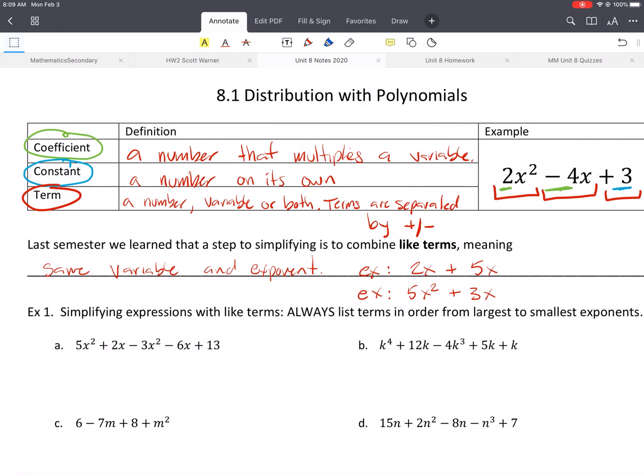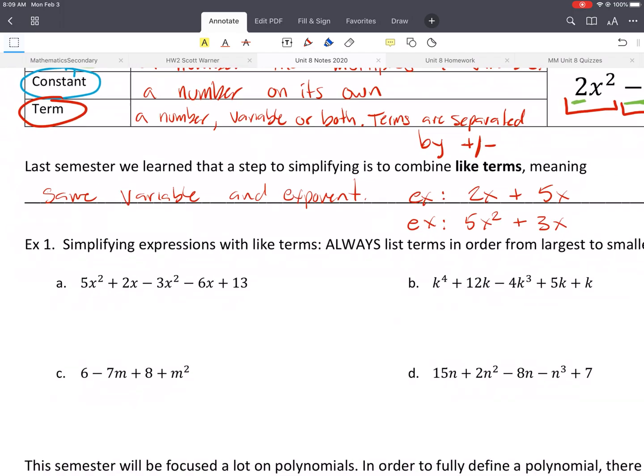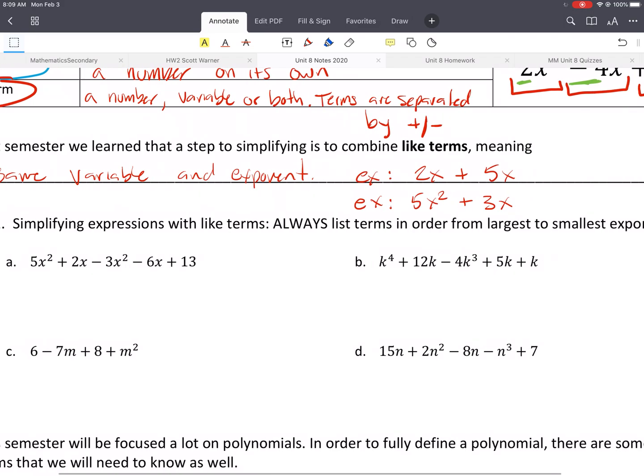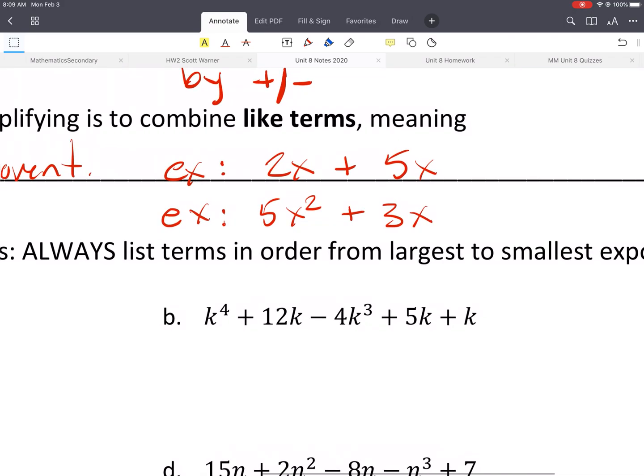All right. So last semester we also learned about combining like terms, so let's do a quick review of that. Like terms means that they have the same variable and the same exponent. So let's look at some examples. 2x plus 5x, can we combine these? Are they like terms?